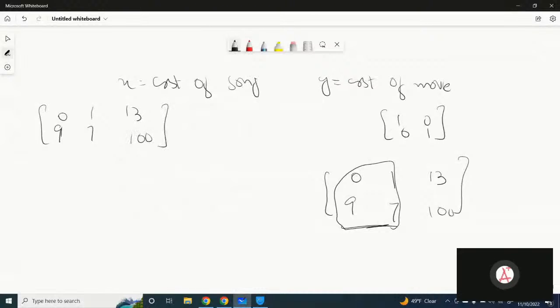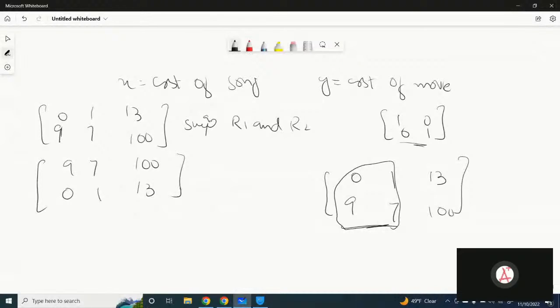Got it? First of all, just swap both the rows. Just interchange both the values. Swap row 1 and row 2, because in row 2 you have 0 1, so just swap the values: 9 7 100, 0 1 13, all the values.